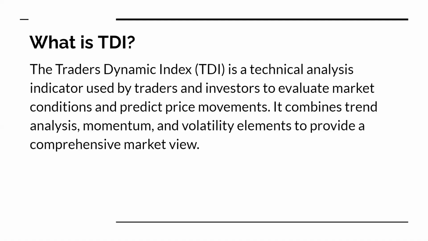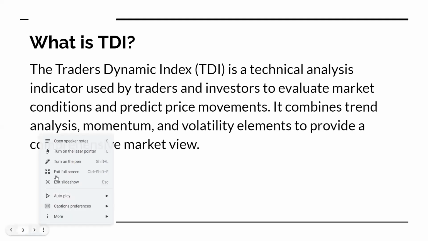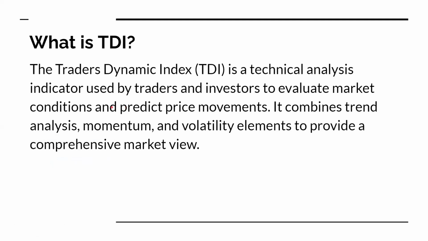So what's the TDI? The Traders Dynamic Index is a technical analysis indicator used by traders and investors to evaluate market conditions and also to predict price movements. It's a combination of so many indicators that we're going to see, but it combines the trend, analysis, momentum, and volatility elements to provide a comprehensive market view.